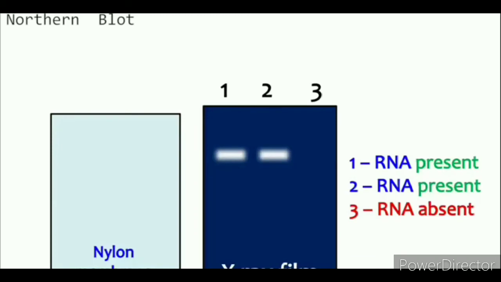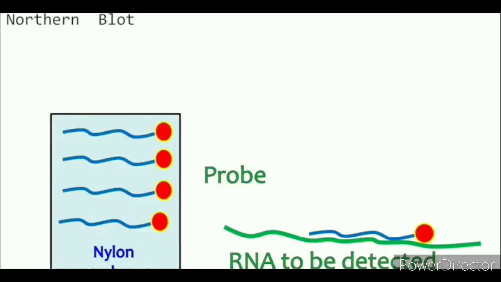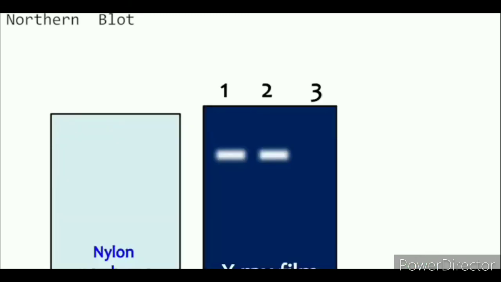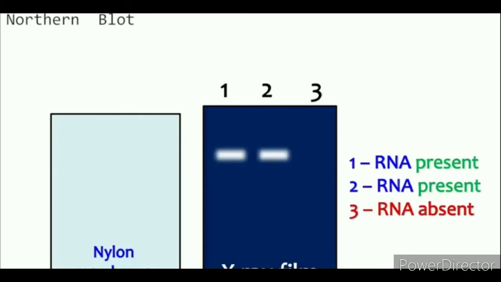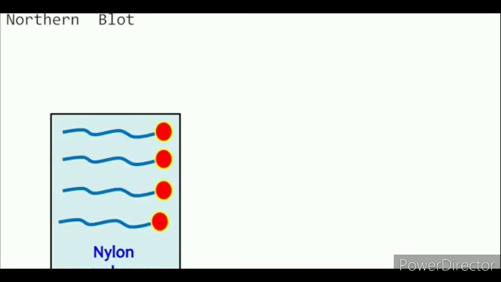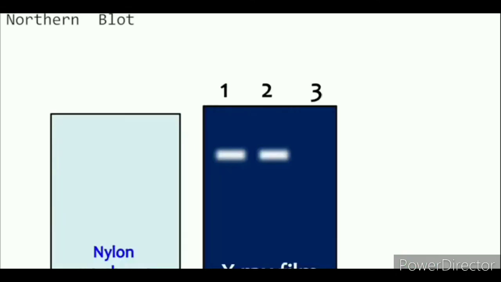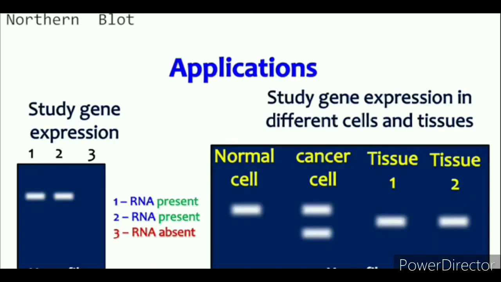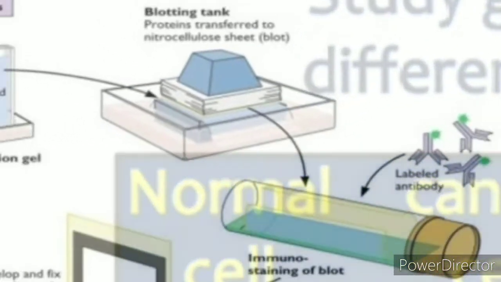If the desired RNA is present, the probe binds and binding is confirmed by autoradiography. If binding fails, there is no band on the autoradiogram. This kind of northern blotting technique is used to study gene expression in different cells and tissues.